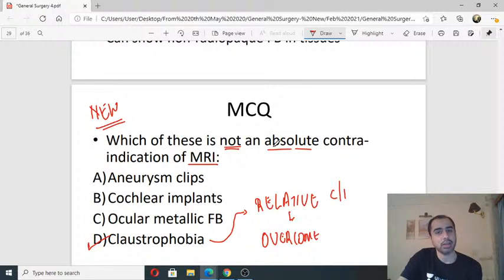If the question was not absolute, if it was not a contraindication, and let's say one option was, instead of ocular metallic foreign body, titanium screws, what will be the answer? Then will you go for claustrophobia or titanium screws?